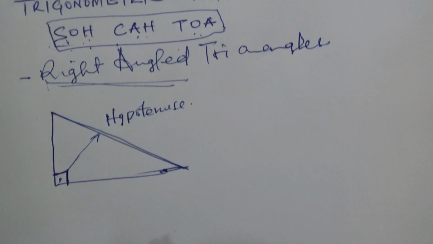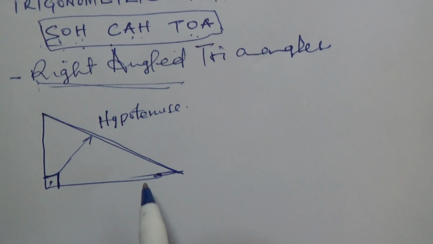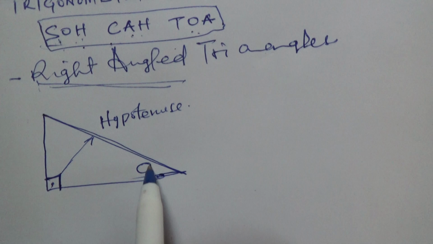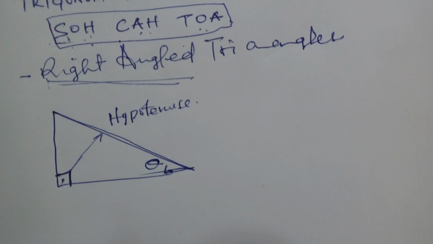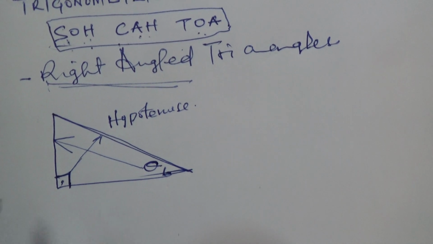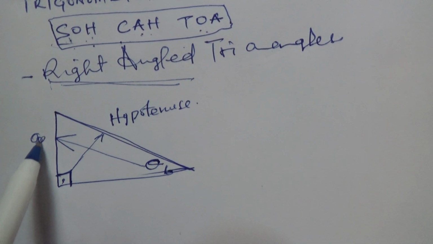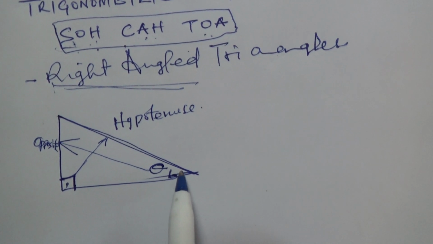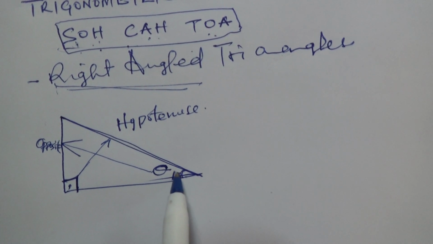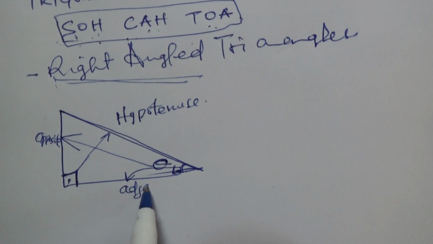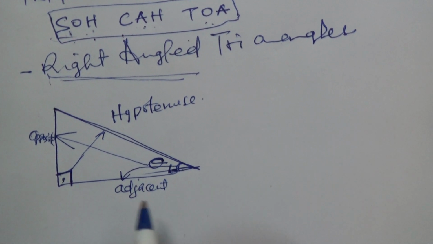Now, these ones are determined by the position of the angle in the triangle. Like for example, if we have angle 1 here, this is the opposite side of this angle, while this one here is the adjacent side.